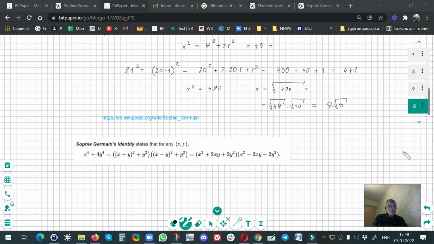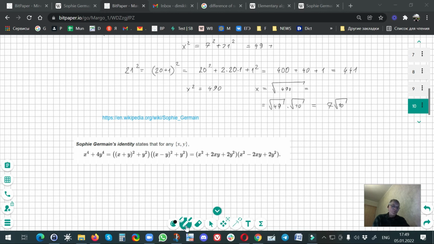How do we prove this identity? We can actually multiply out the final product. As you see, it begins x squared plus 2xy, like this is a part of x plus y squared, and this one begins like x minus y squared, and plus y squared there and there.